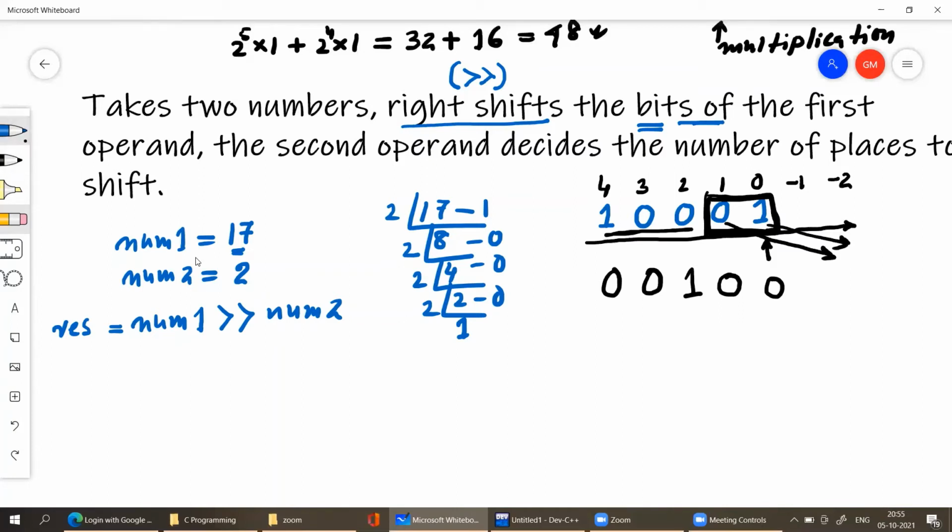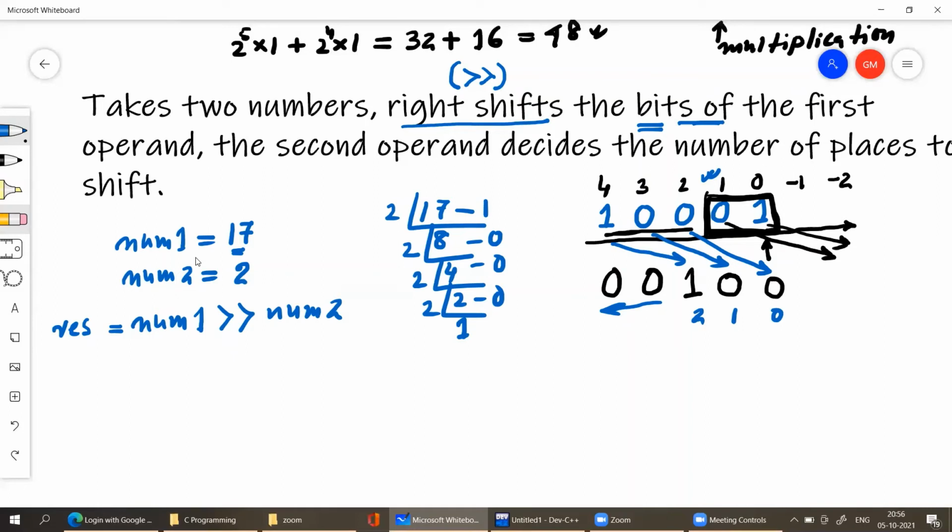This is the new position, 0, 1, 2. Leading zeros hardly matter; we need not consider them. If you look carefully, I have shifted the bits by 2 positions towards the right, and by doing this, the last 2 bits are totally out of the frame. They are not going to be considered anymore.